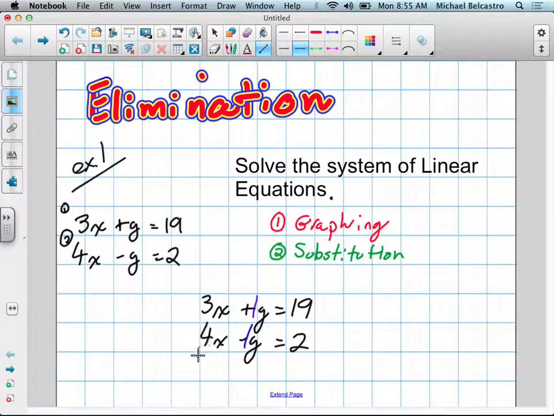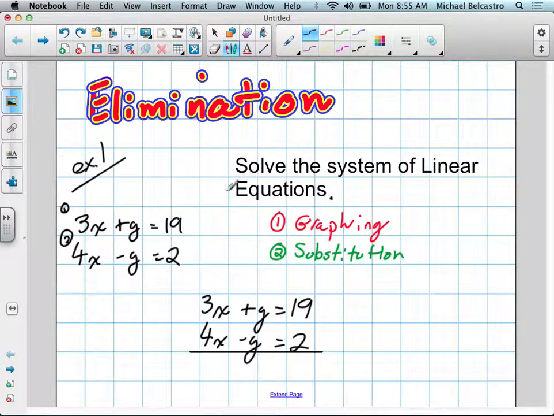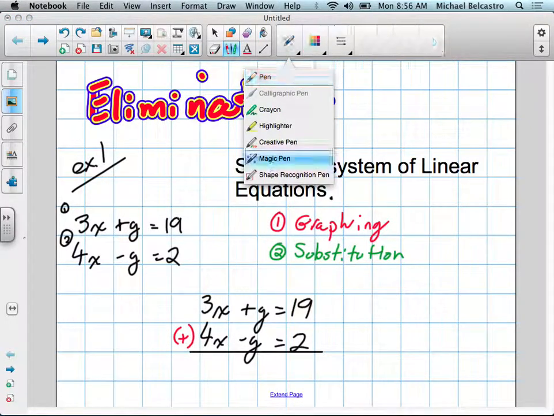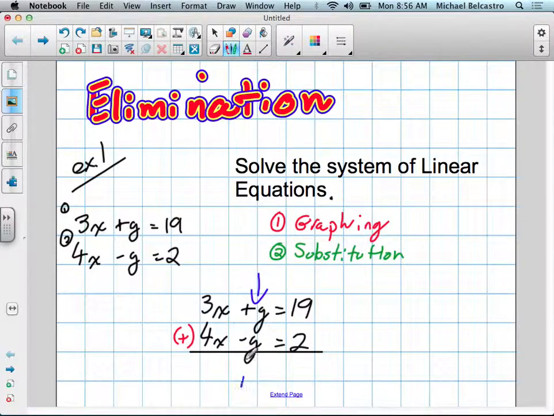Okay? So what I'm going to do is I'm going to be either adding or subtracting. Now, just like when we're balancing equations, I have to figure out what is going to create a 0. So I've already figured out that these are the two with the same coefficient. So I need to figure out if I were to either add this column or subtract this column, which one would create a 0.